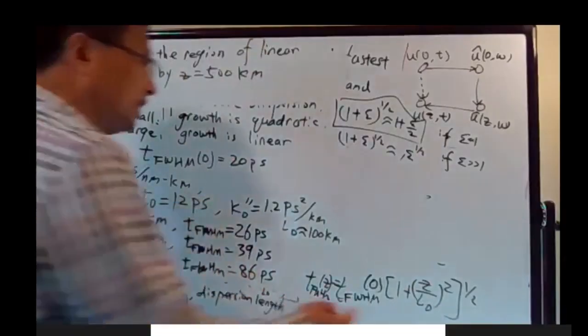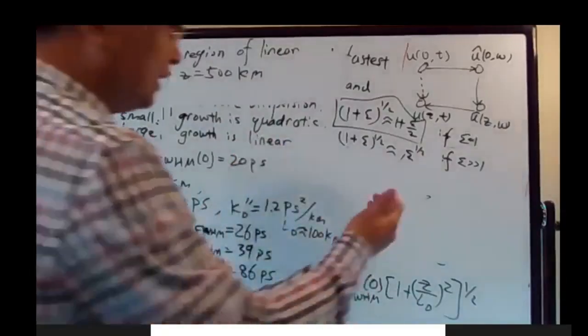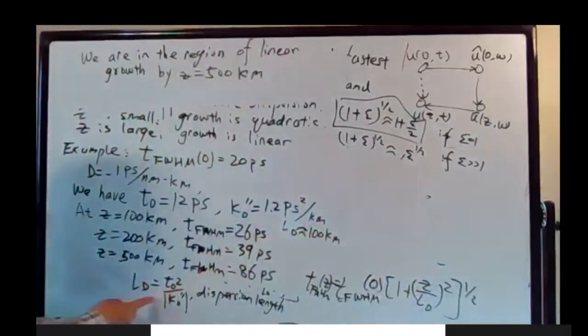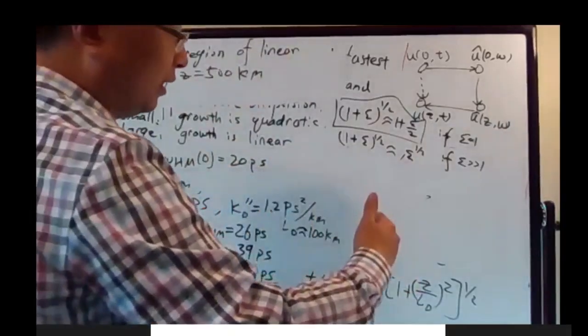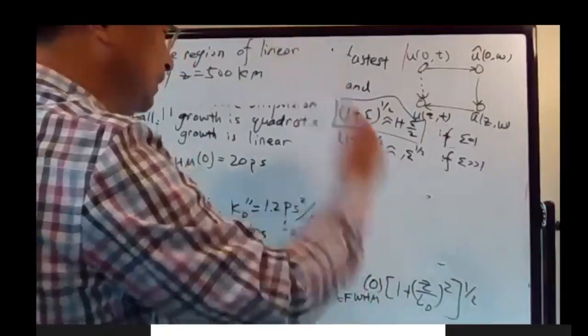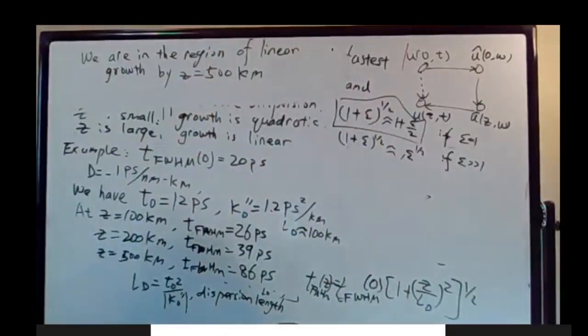So we can use this LD as the dispersion length to characterize the dispersion effect. Once this z is approaching LD, then we can see some broadening. But if z is way less than LD, we see negligible broadening. Okay. Questions?